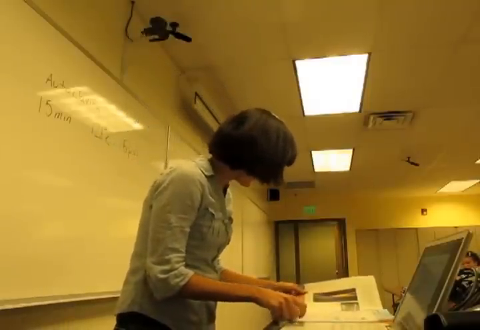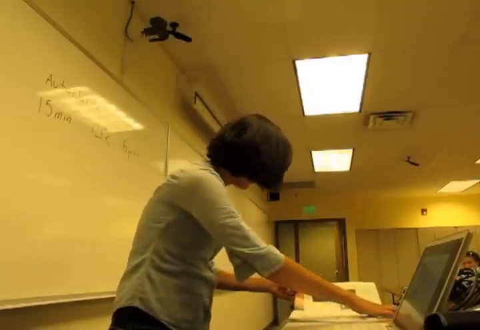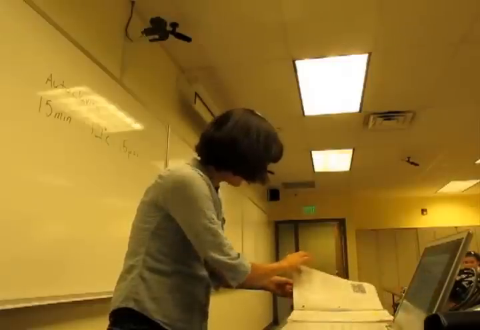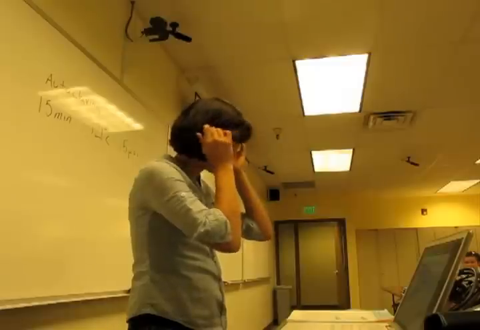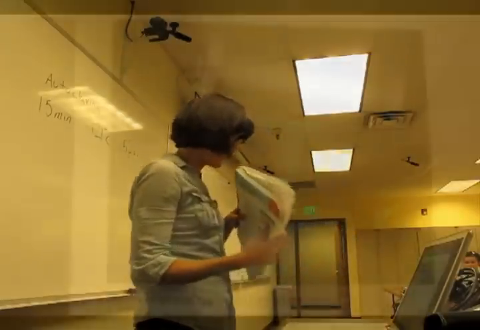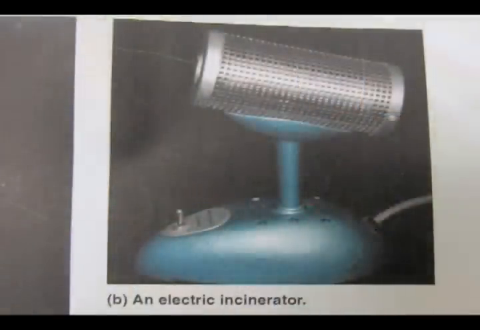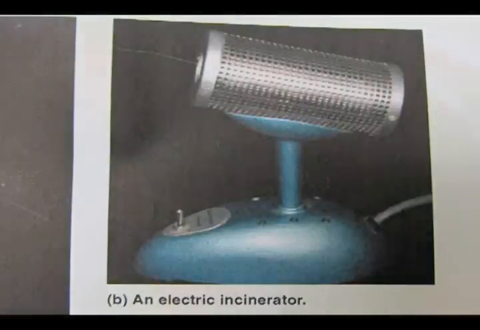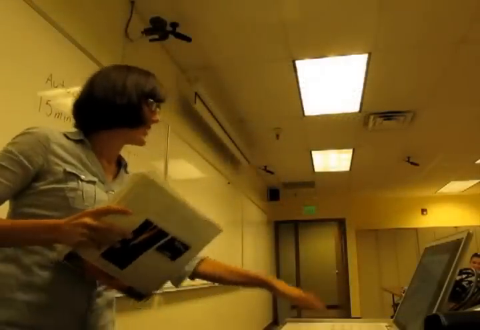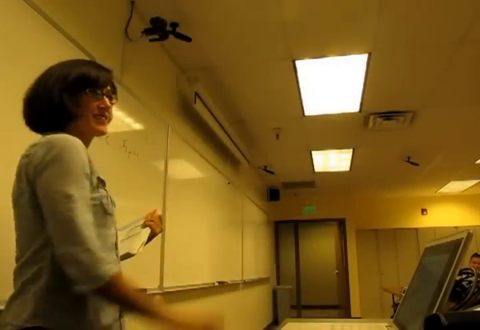Okay, let me see if there's anything else. Just know all the tools that we use, like for instance, know the name of this and how to spell it. This is an electric incinerator, which is what we use to sterilize our inoculating loops and needles. Sometimes he'll put it out on the counter and say, "What is this?"